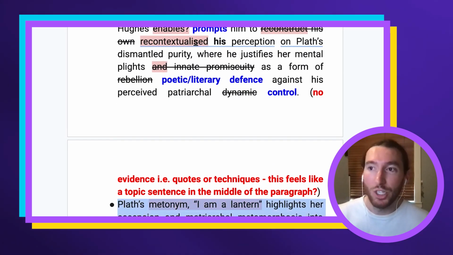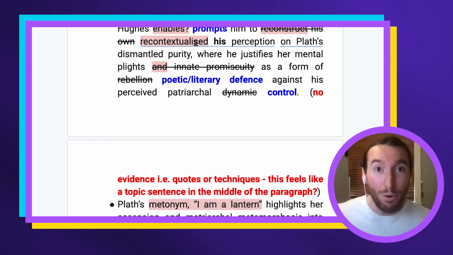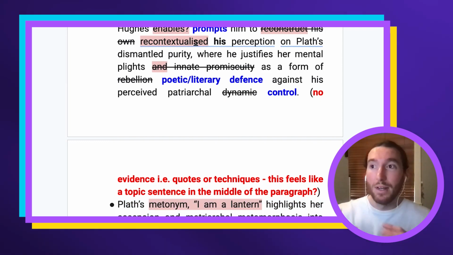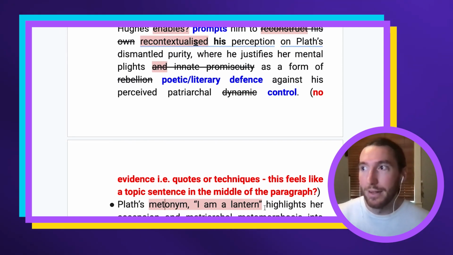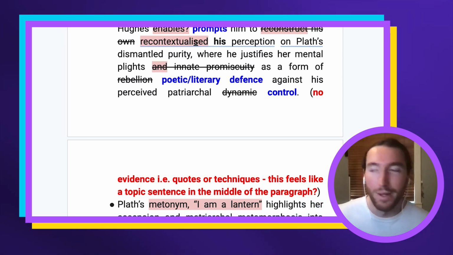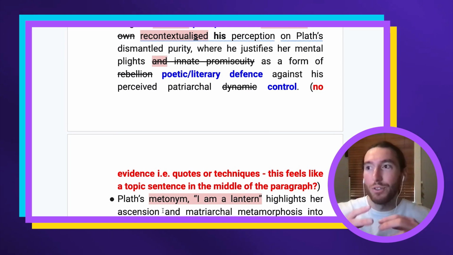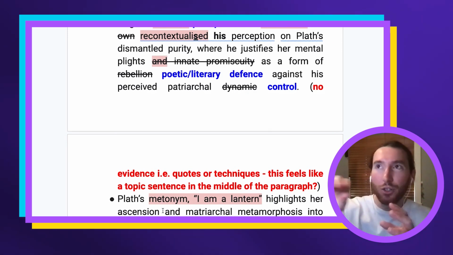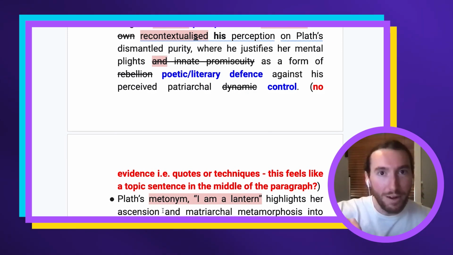I like having this structure as a starting point when I'm drafting up analysis. I go straight into the technique. Plath's metonym, I am a lantern. Verb, highlights. Effect, her ascension and matriarchal metamorphosis into hope. Then I want to tweak that. I want to refine that. I want to make sure it's flowing on from the previous sentence.